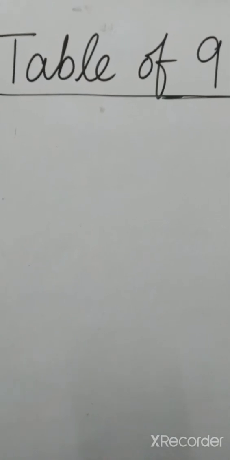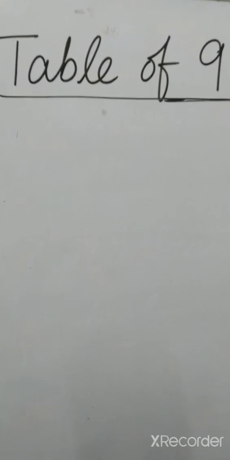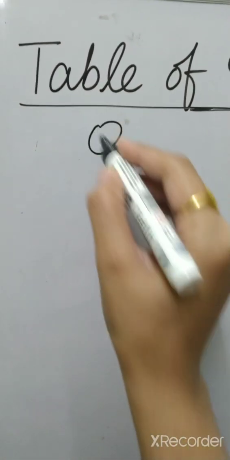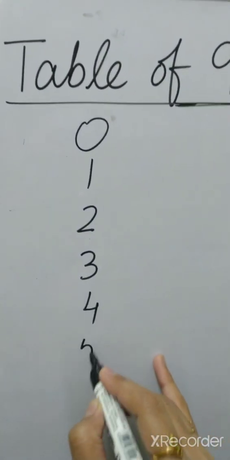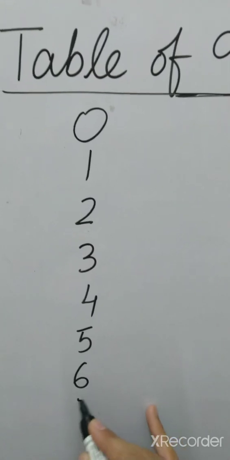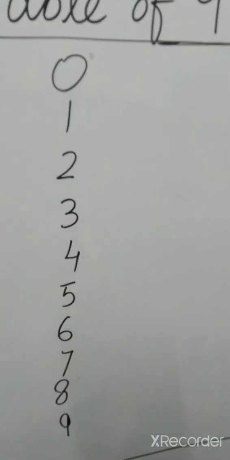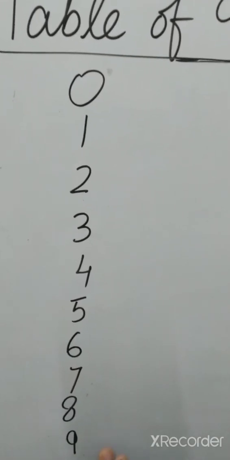Writing the table of 9 is very easy. For this, you just need to write the counting from 0 to 9. That is 0, 1, 2, 3, 4, 5, 6, 7, 8, 9. And then we will write counting starting from the bottom.